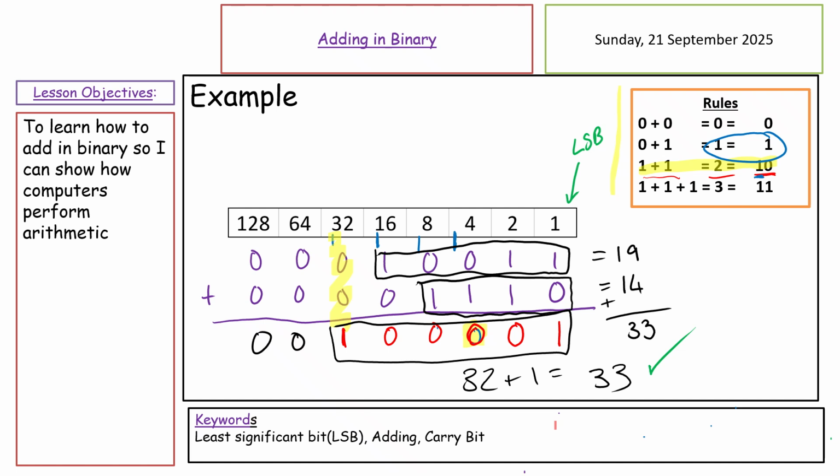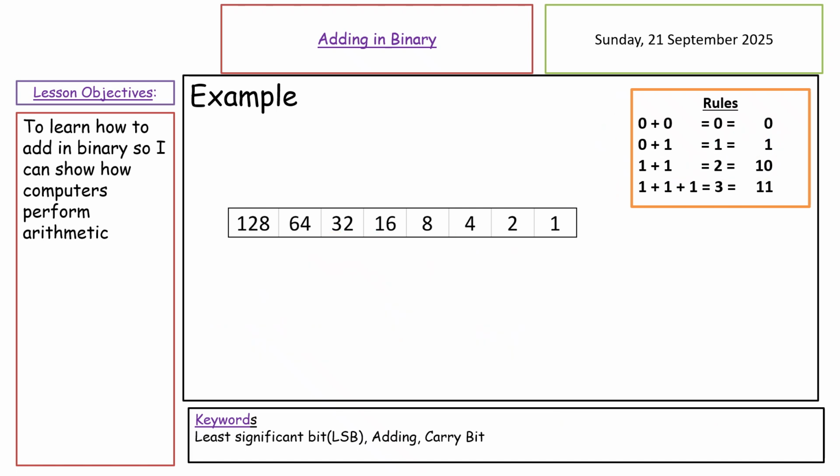Let's try one more, remembering our rules up here. So let's take 2 numbers. Let's do 0, 0, 0, 1, 1, 1, 0, 0. So let's just add that all up. So that's 28.